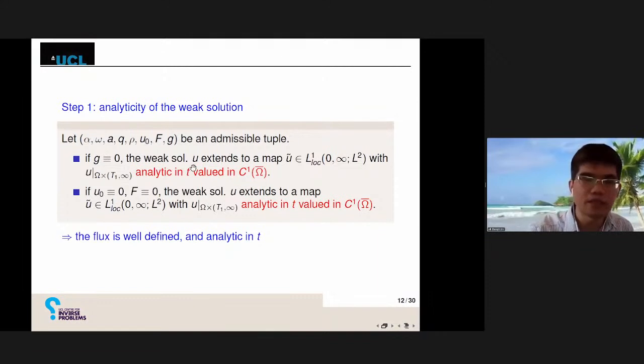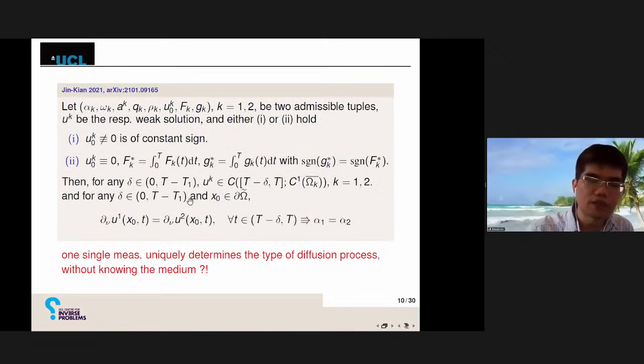So this means that at least this flux measurement, which we defined here, will define a quantity.